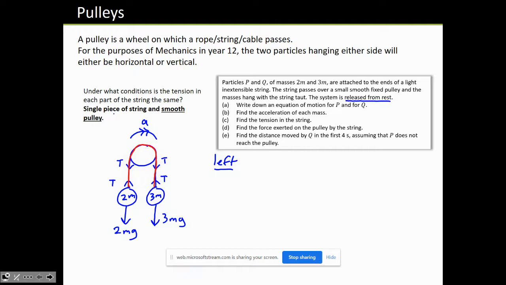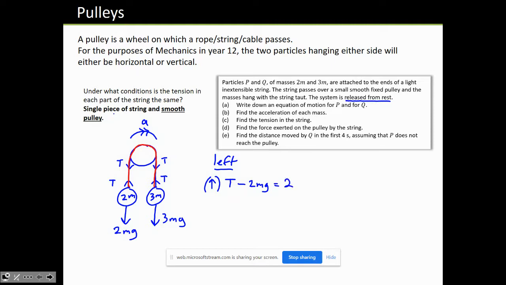So if we think about the left of this, if we resolve our forces this way, the forces acting on the mass: we have T take away 2mg, and that equals our mass times our acceleration.